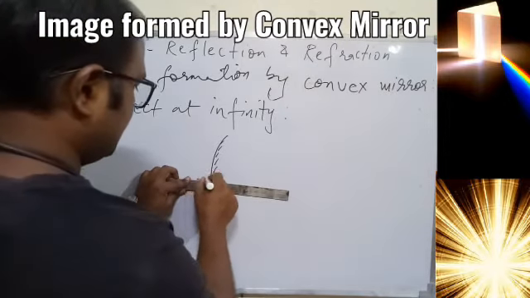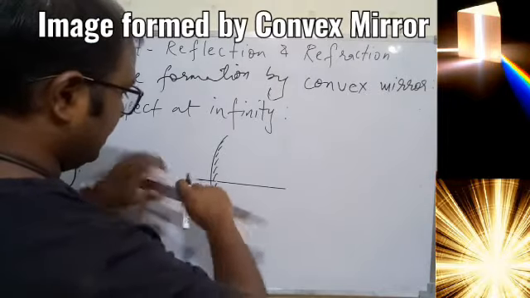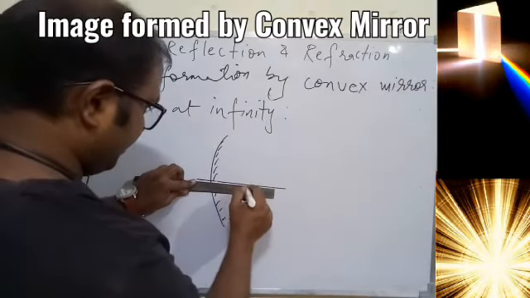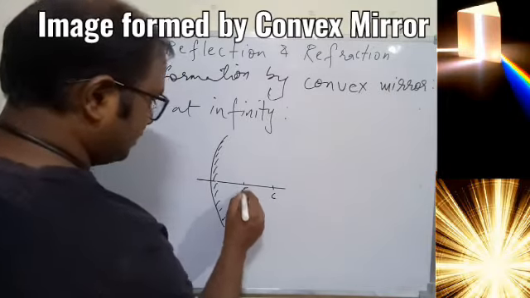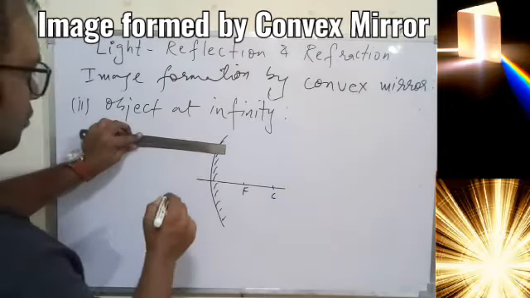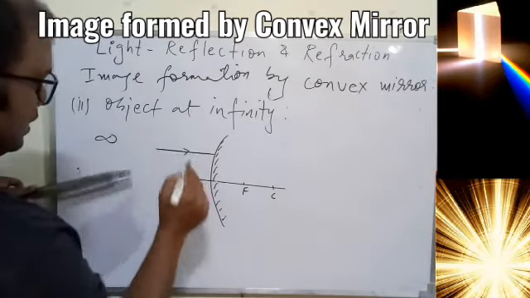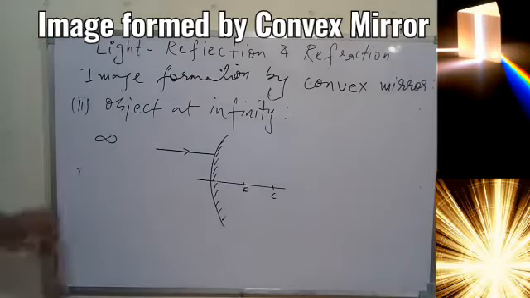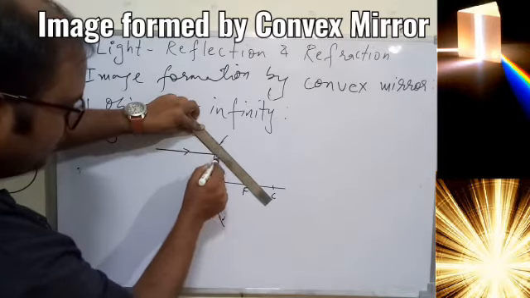So nothing to be done, just again draw the diagram. This is your C, this is your F. If the object is at infinity, again we take the rays of light coming parallel to the principal axis, and if the ray comes parallel, it has to appear to diverge from the focus. So this ray will diverge from the focus only.